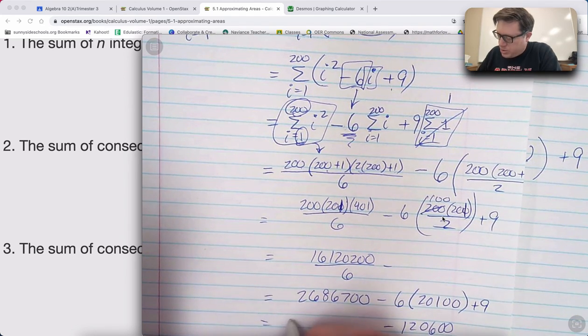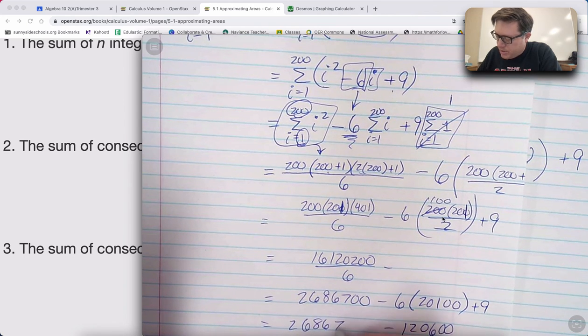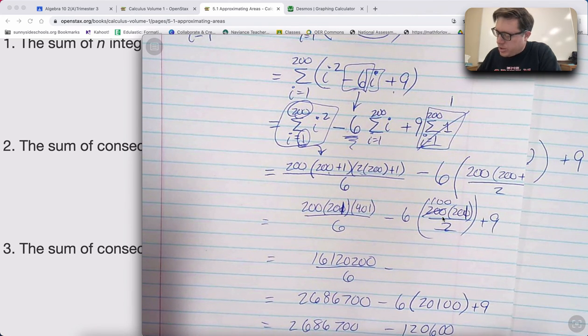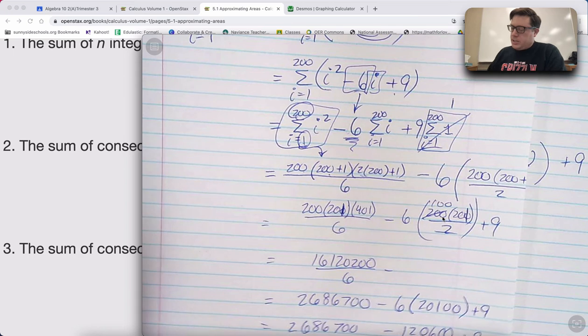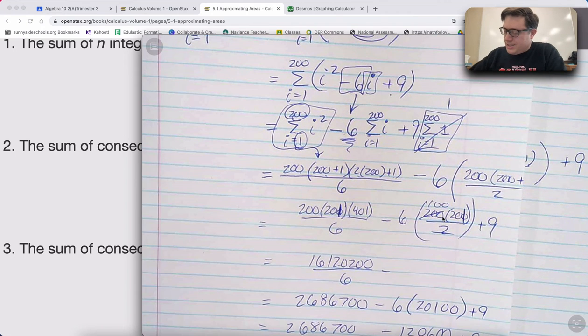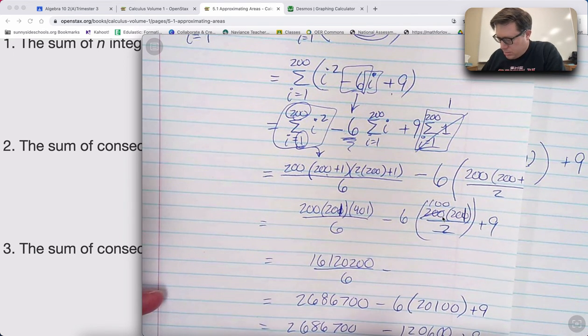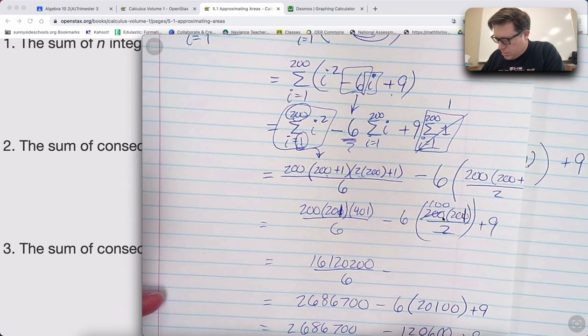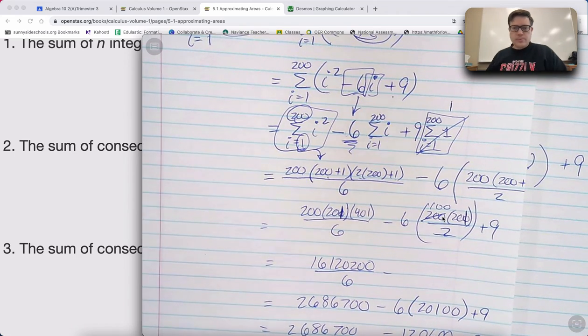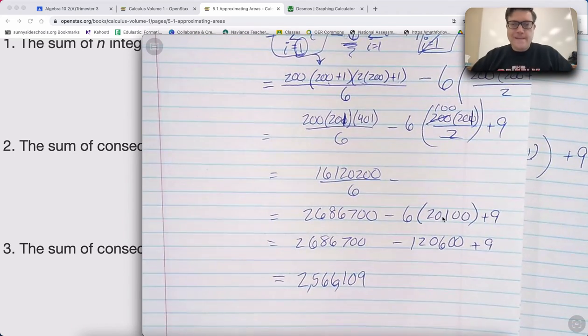Okay, so 2,686,700 minus 120,600 plus 9 is 2,566,109. Let's check it with Desmos.